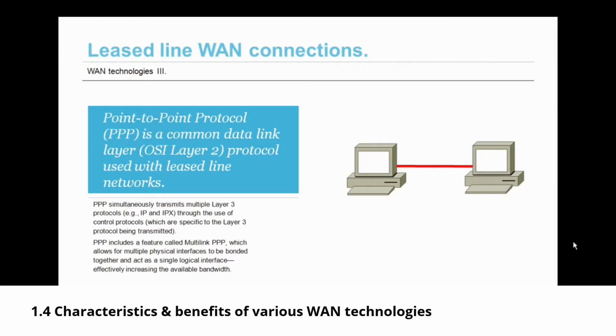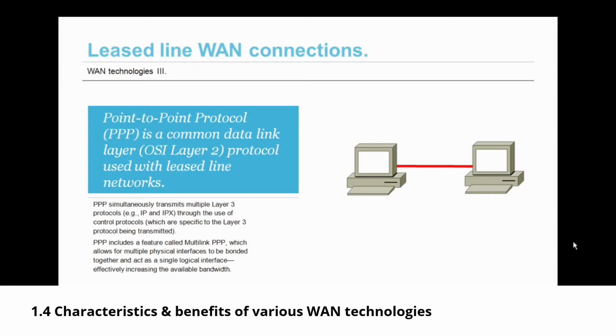It is a common data link layer or layer 2 protocol that's used with leased line networks. PPP can simultaneously transmit multiple layer 3 protocols. It can transmit IP and IPX and AppleTalk all at the same time through the use of control protocols, which are actually specific to the layer 3 protocol that's being transmitted.